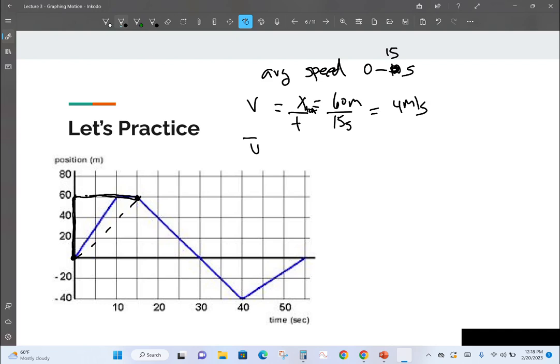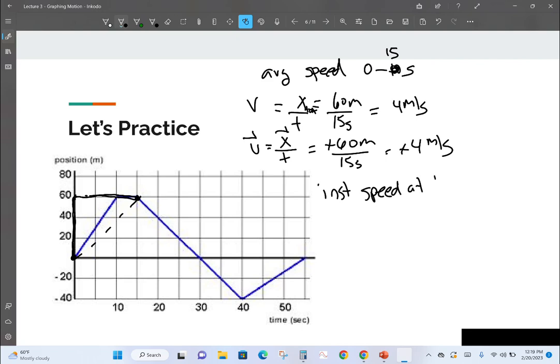Okay. The average velocity would be the total displacement over the total time. Well, the displacement is positive 60 meters in 15 seconds, so the average velocity is positive 4 meters per second. What if I wanted to know the instantaneous speed at 12 seconds?